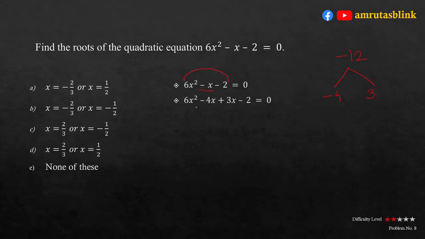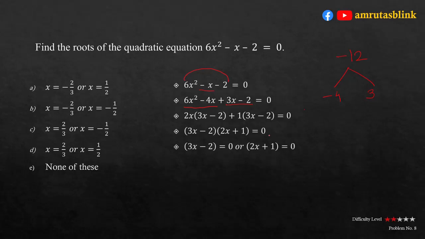Hence 6x square minus 4x plus 3x minus 2 is equal to 0. From 6x square and 4x we will take 2x common. So 2x into bracket 3x minus 2, and here nothing is common, so plus 1 into bracket 3x minus 2 is equal to 0. That is 3x minus 2 into 2x plus 1 is equal to 0.